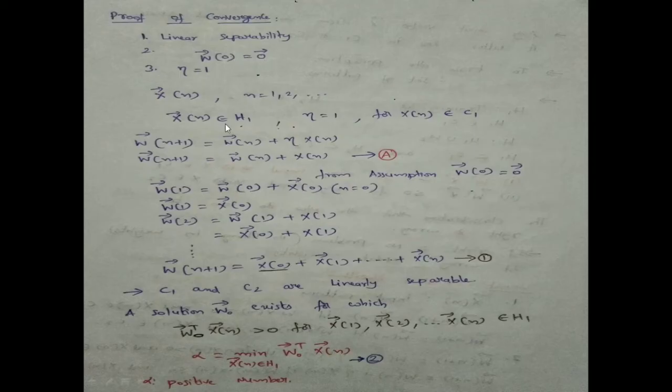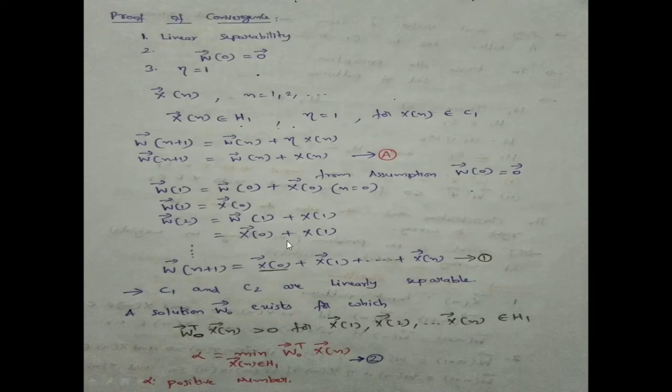So w of 1 will be x of 0. Similarly, what is w of 2? W of 2 will be w of 1 plus x of 1. What is the w of 1 value we got? x of 0. That is x of 0 plus x of 1.